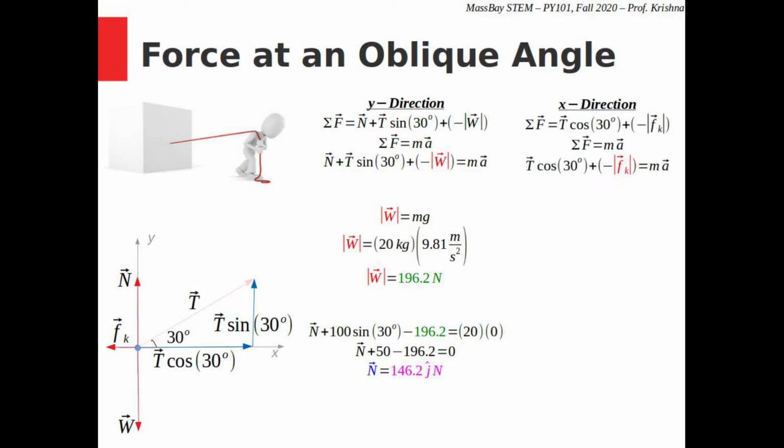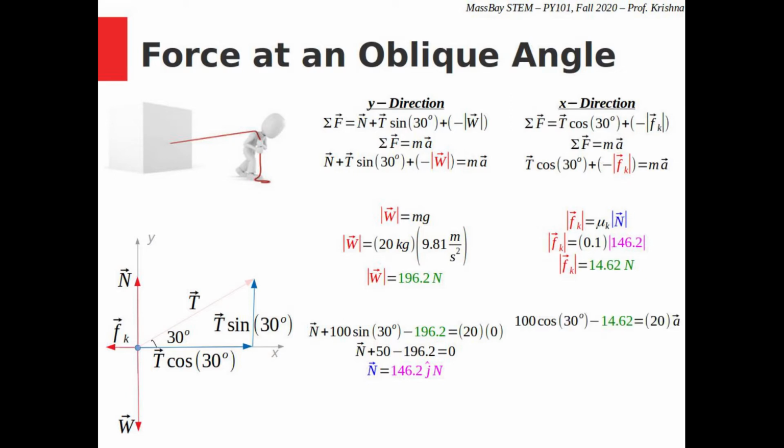There are two forces in the x direction, the horizontal component of tension and kinetic friction. First, we solve for friction. 0.1 times the normal force yields 14.62 newtons. Then we substitute in the other knowns. And finally we solve for the acceleration, 3.6 i hat meters per second squared.